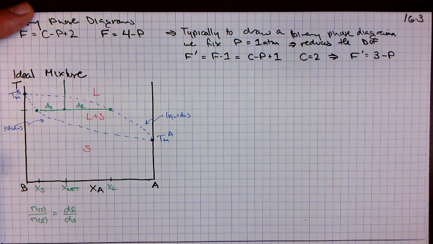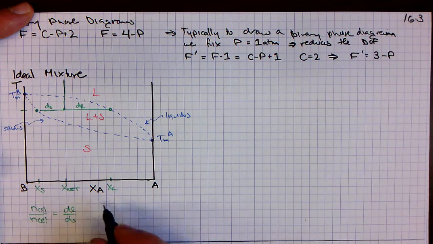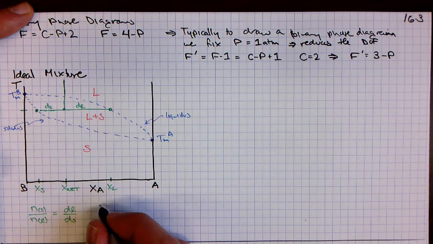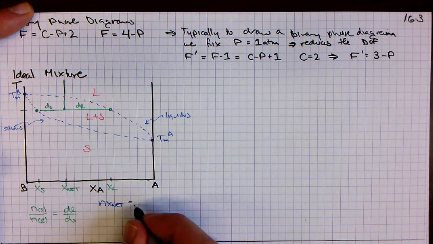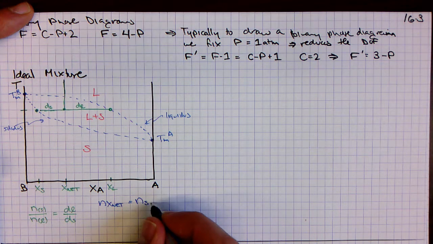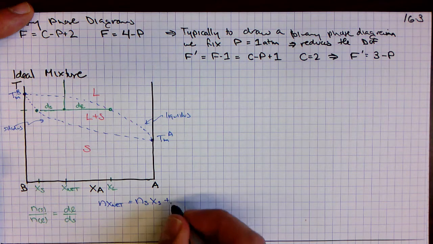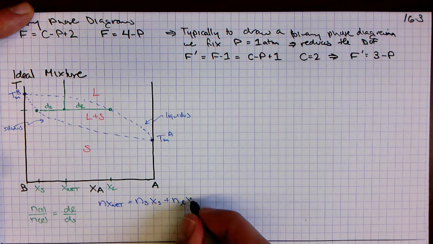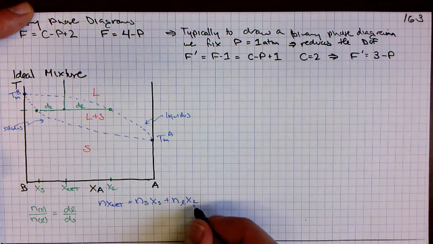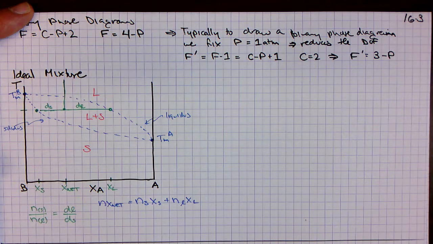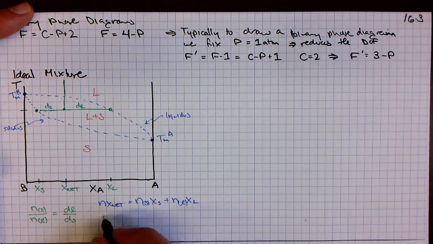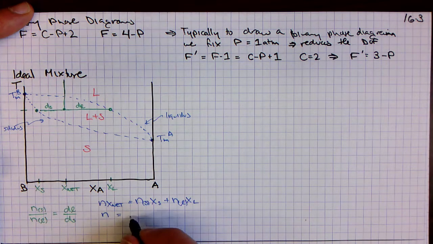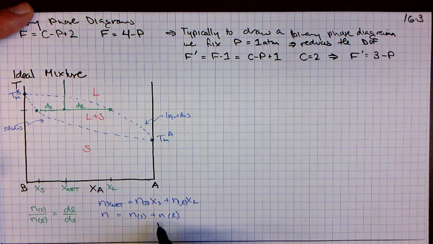And we can show this has to be the case by noting that the number of moles times the net composition, right, has to equal the number of moles of the solid times the composition of the solid plus the number of moles of the liquid times the composition of the liquid. We know that the total number of moles has to equal the number of moles of the solid plus the number of moles of the liquid, right?